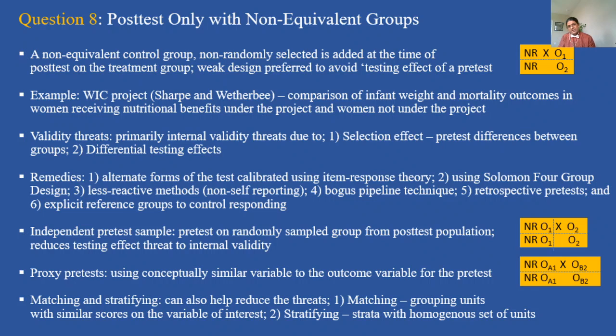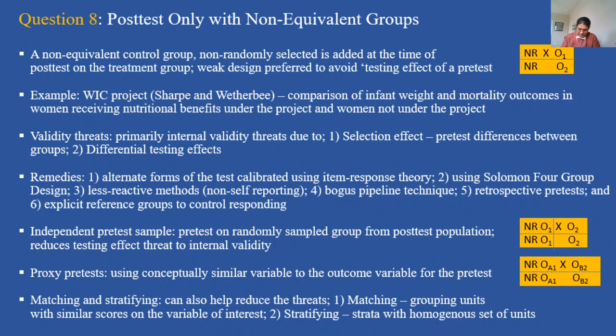So what are the suggested remedies to counter these threats to the post-test only design with non-equivalent groups? The remedies to counter these threats are: one, using variation of the test, which can be calibrated using item response theory. So we use different variations, but this should be calibrated using item response theory for validity.